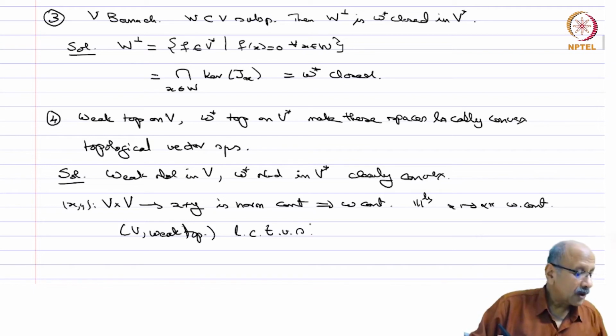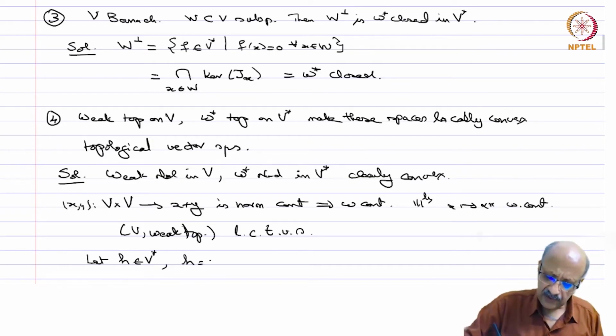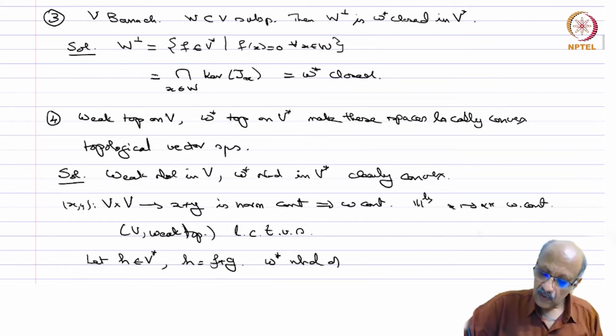Okay. Now what about V star? So let H in V star, H equals F plus G. And then you take a weak star neighborhood of H. How does it look?